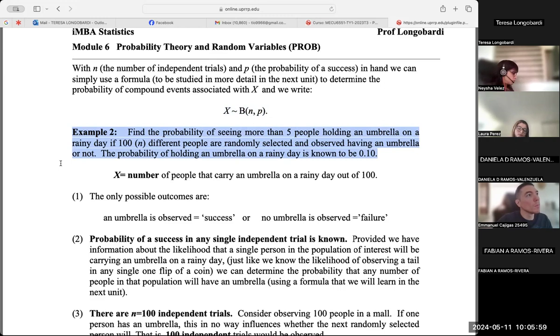Okay, so in that statement, even though I've given you one of them, identify N and P. What is N? What is P? Okay. So N is 100. What is P?